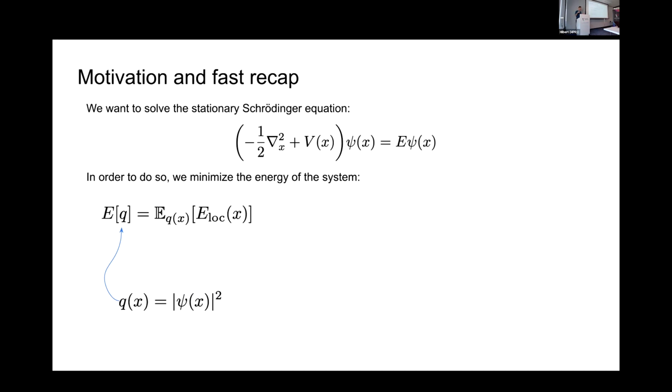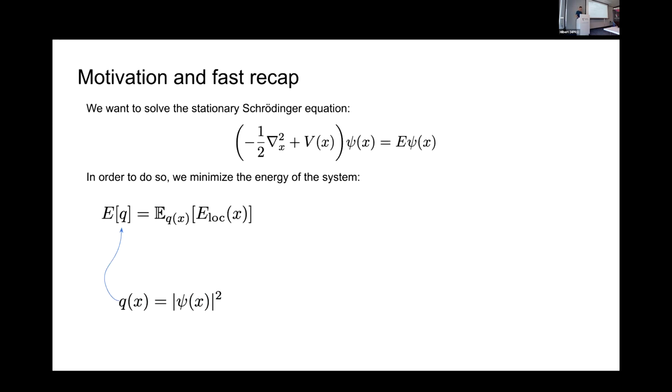So the density here is just the absolute squared value of the wave function, and energy just depends on our density, let's say. But throughout the talk, I don't want to talk about the wave function, but I assume it's antisymmetric, and we actually parameterize it in practice, and so on and so forth.